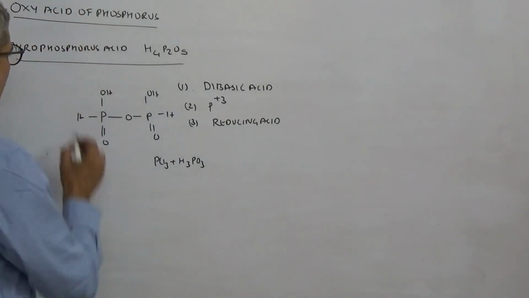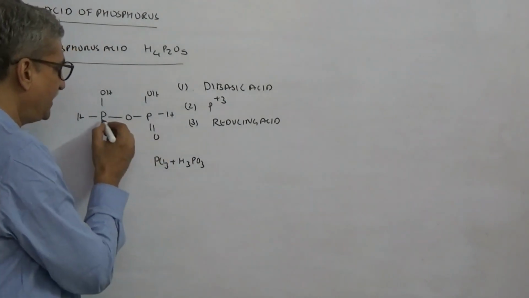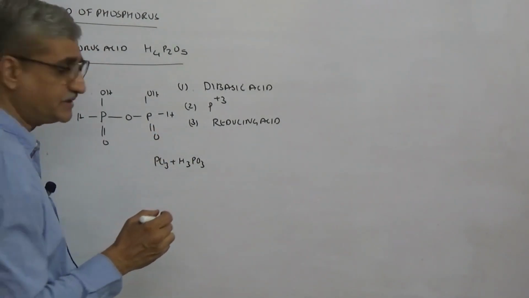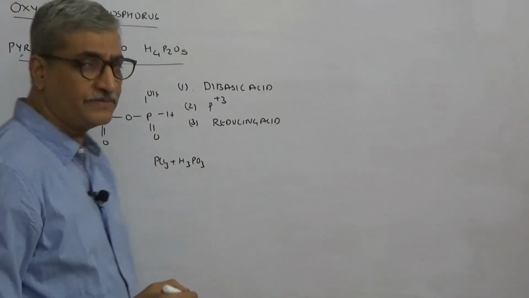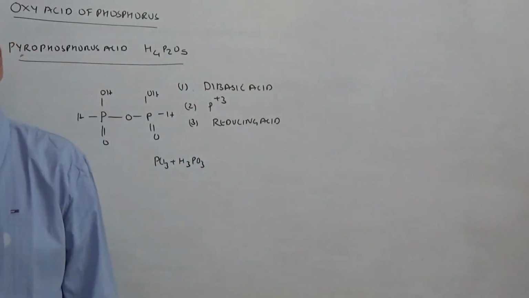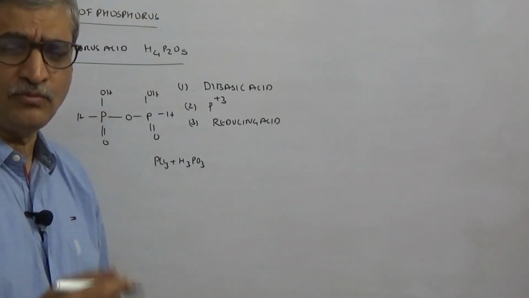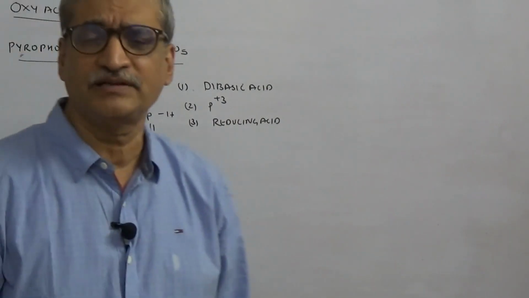The only thing is you should know which oxy acid has a POP linkage. So pyrophosphorus acid, pyrophosphoric acid. When the word pyro is there, you should remember it as a POP linkage. That's the kind of question that they can ask, how many PO linkages, POH linkages, PH linkages and POP linkages. So that calculation you should know.